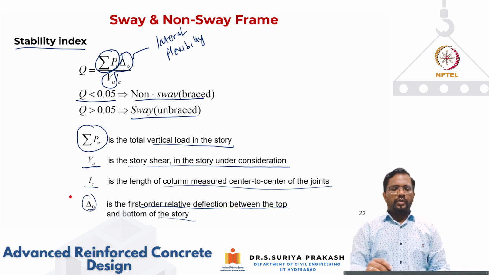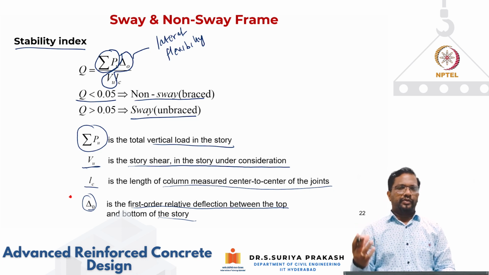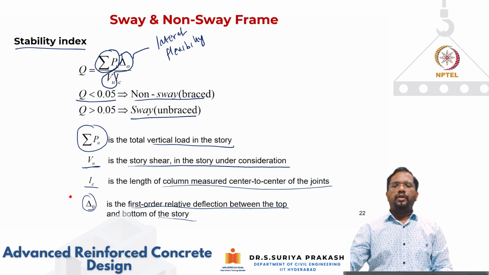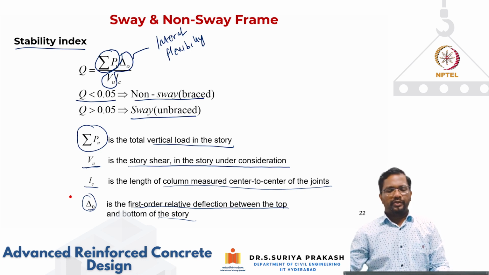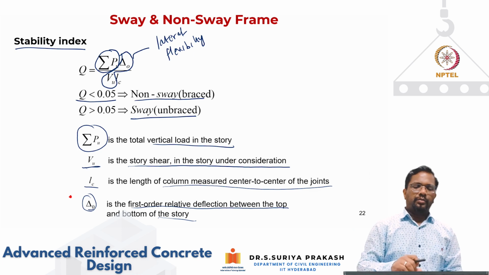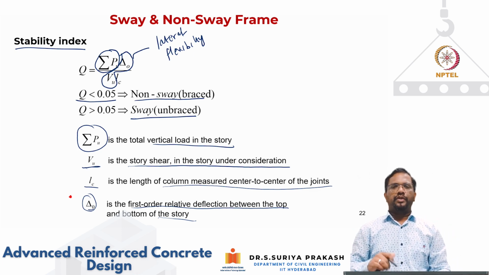By plugging into this, it gives an idea of the value of the stability index. The higher the stability index, the more you are going towards a sway condition. The lesser the stability index, the more you are going towards a non-sway or braced condition.